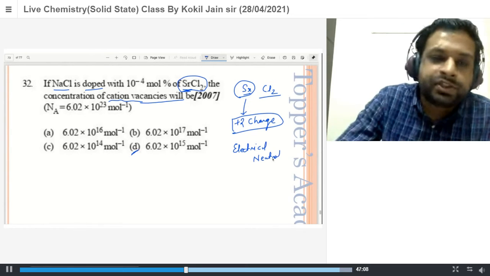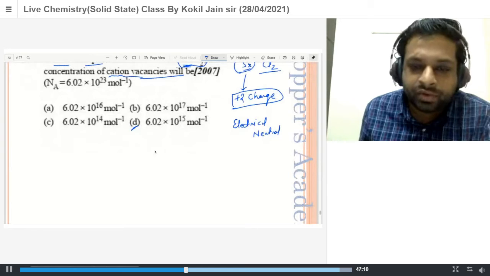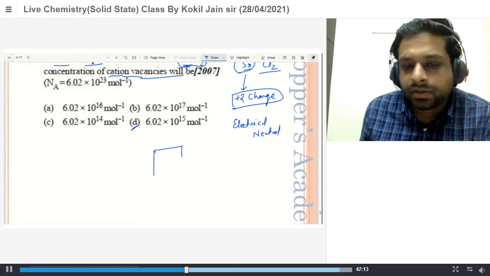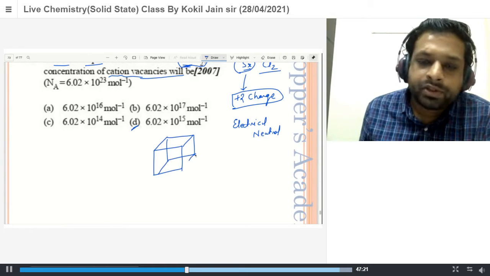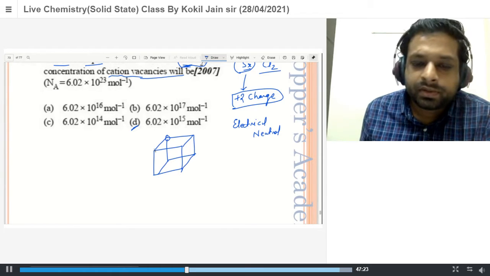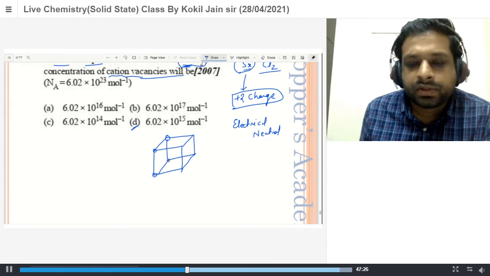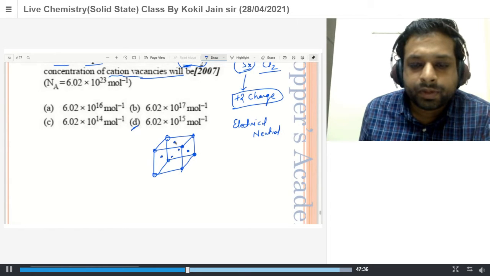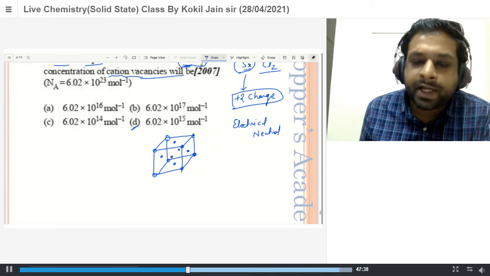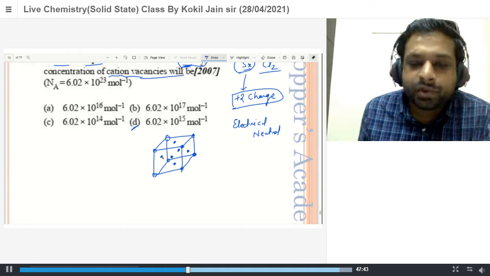okay, let's make a structure of NaCl. Let me draw it here. This was NaCl. This was in front, this is in back, this is the right side, this is the left side, this is top, this is bottom.